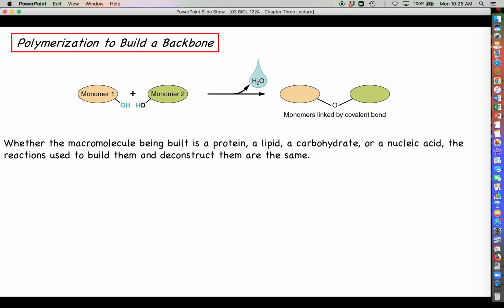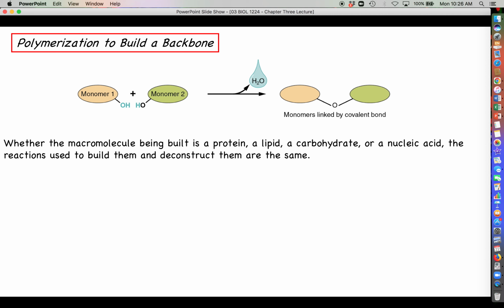So the important thing here is that whether your macromolecule is a protein, a lipid, a nucleic acid, or a carbohydrate, the manner in which we build our polymers or break our polymers apart is exactly the same. We use these same 2 chemical reactions for building proteins and lipids and carbs and nucleic acids, and we use the same reactions for breaking them down.